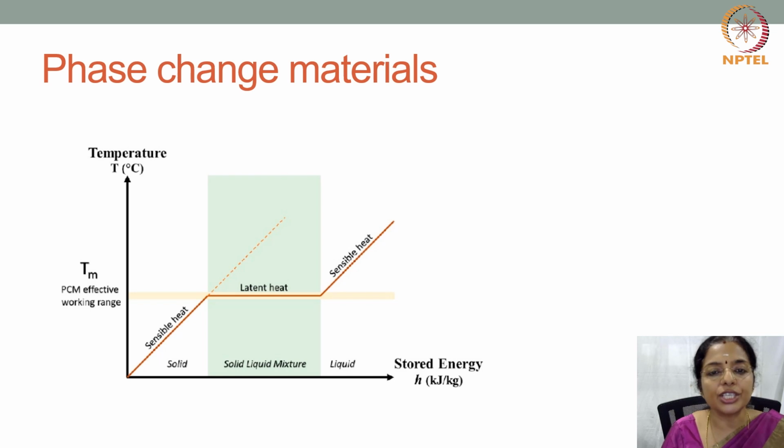So a phase change material absorbs heat and retains its solid phase. It becomes a liquid and starts storing the heat. So from solid, it becomes a liquid storing the heat, and vice versa.